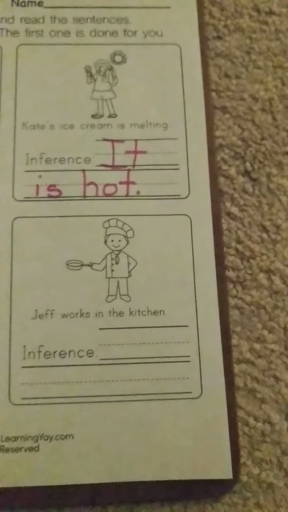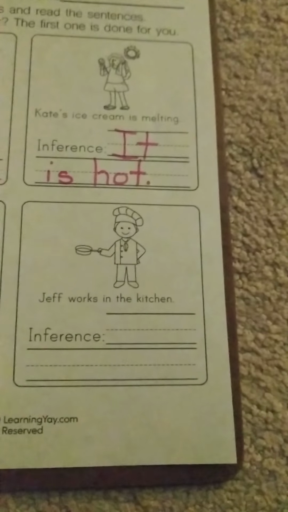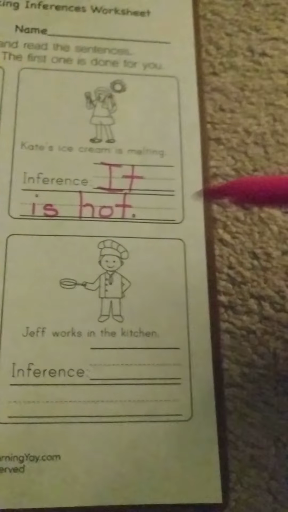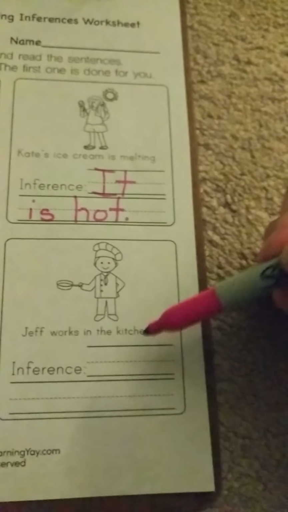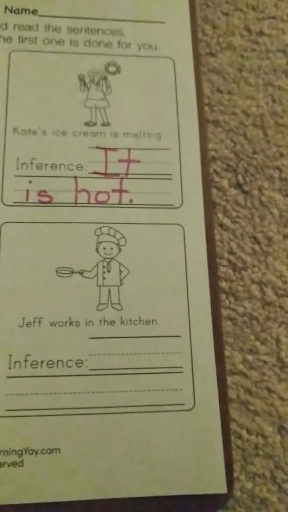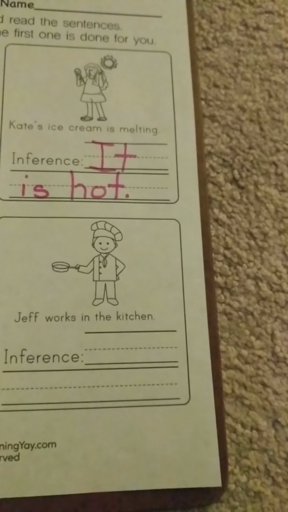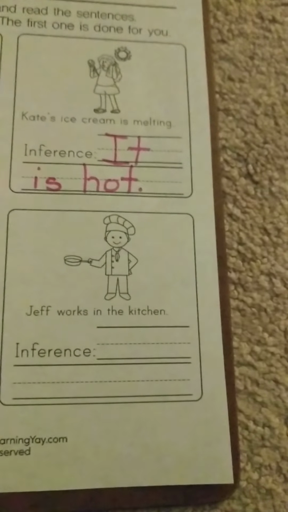Okay, last one. It looks like a chef. It says, Jeff works in the kitchen. What do I know? So here's Jeff. Here's my picture clue. The words say, Jeff works in the kitchen. What do I know about people who work in the kitchen? Well, people in restaurants would work in a kitchen.